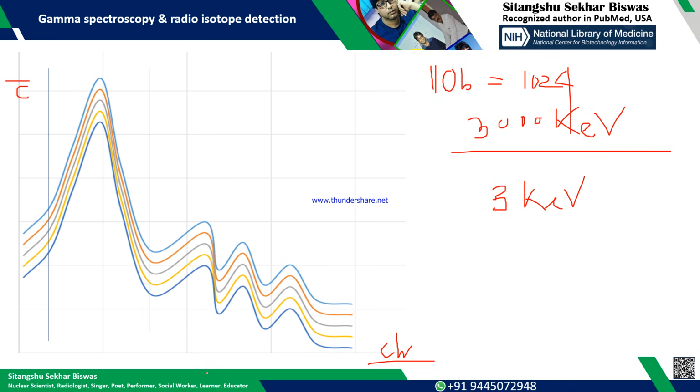Now what do you have to do? You have to place the gamma detector very near to the sample which is to be identified. Then you switch on the gamma detector, and in the display you can see the first set of pulses like this.